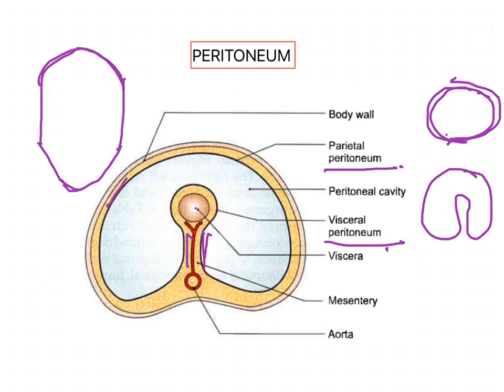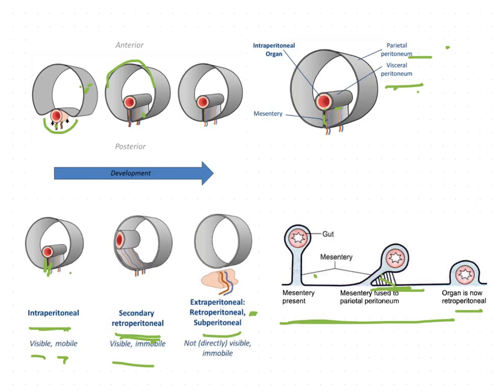So this is about the peritoneum. Now here you can see how the visceral organs invaginate the peritoneum. You can see this viscera invaginating this simple cavity, and it is completely invaginated and becomes intraperitoneal.